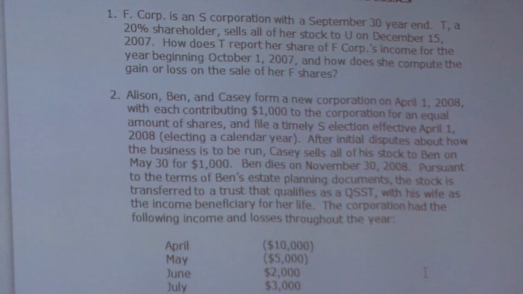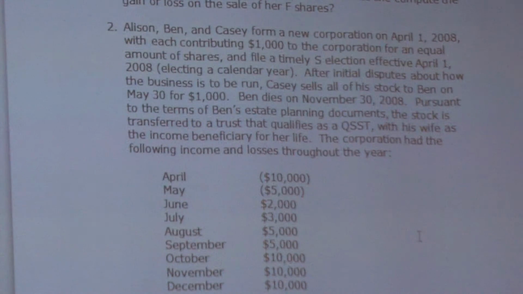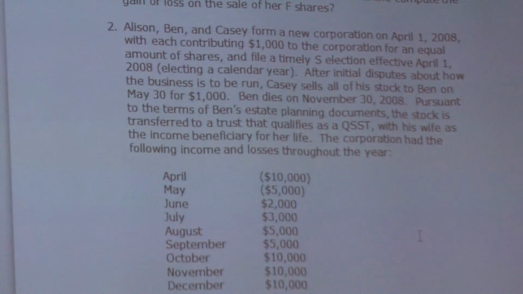The corporation had the following income and losses throughout the year, with all the different months. How must or may the income and losses be allocated amongst the shareholders? Okay. What are our different options here?